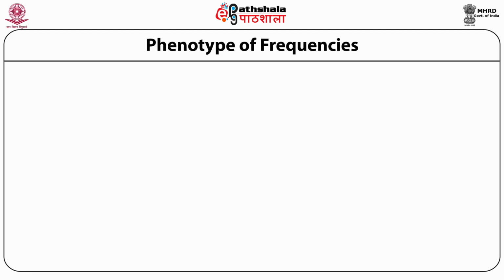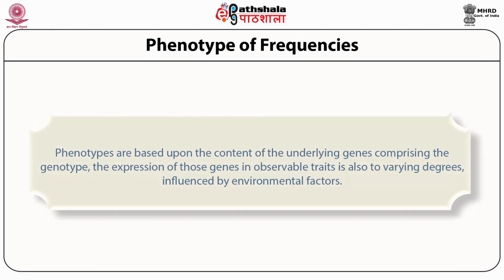Phenotype frequencies: phenotypes are based upon the content of the underlying genes comprising the genotype, and the expression of those genes in observable traits is also influenced, to varying degrees, by environmental factors.